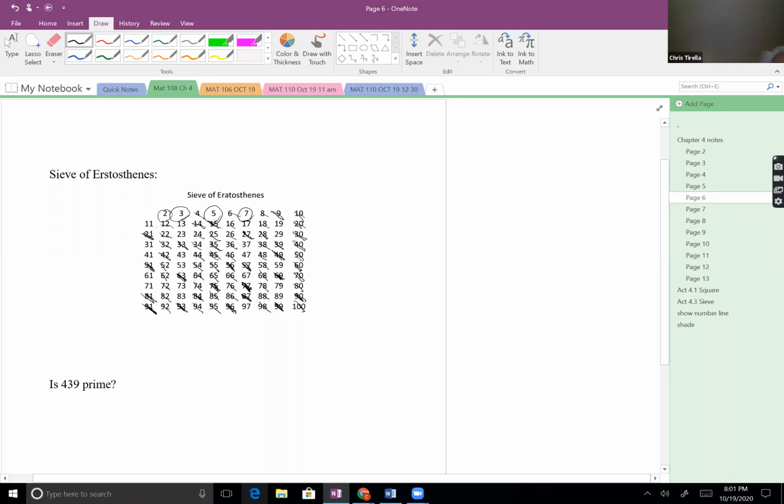And then all of the multiples of 11 should be crossed out already. All the multiples of 13, 17, 19, 29, 31. And again, everything that's left in this arrangement would be prime.